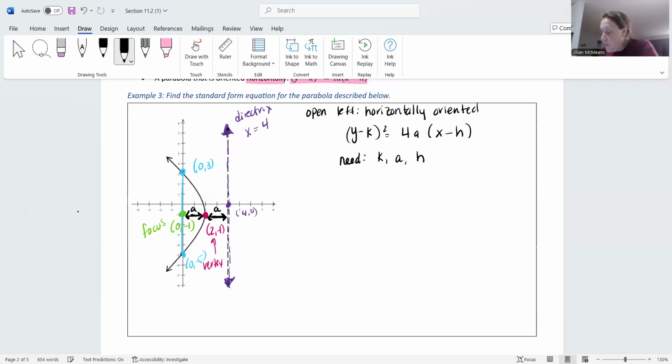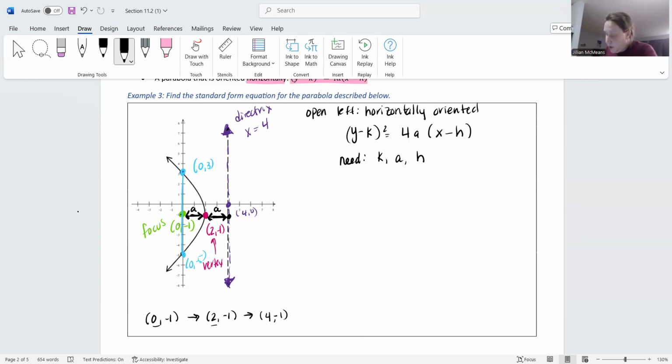Okay, so my focus is, let's see, we go from (0, -1) to (2, -1). And then we also go to (4, -1) if we were looking at this ordered pair right here. So what do we notice is changing? Well, the x value is changing. So if we find this consistent difference in the x values, we can figure out what a is. How do I go from 0 to 2?